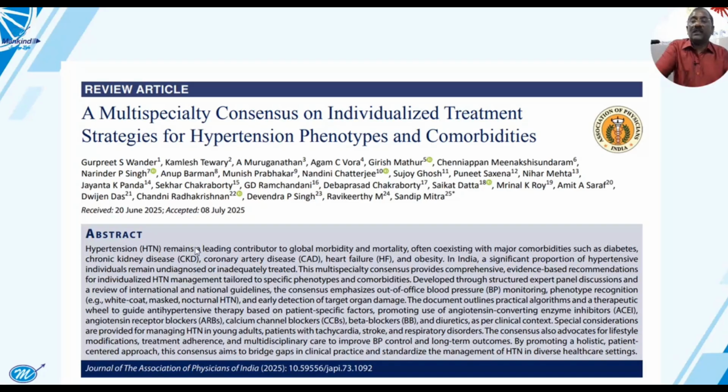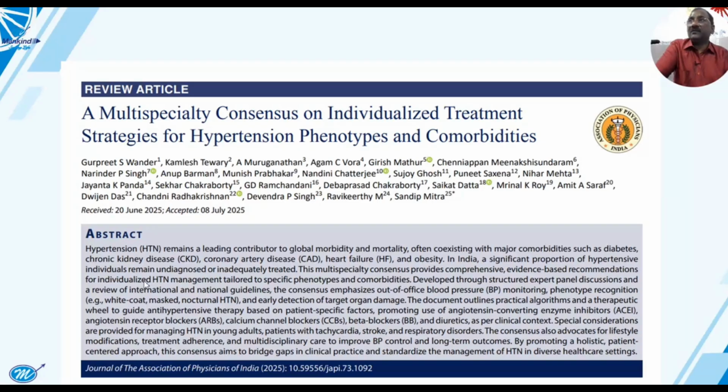They say that hypertension still remains a leading contributor to global morbidity and mortality. So it is our duty to make it not a leading contributor. Often it coexists with major comorbidities such as diabetes, CKD, CAD, heart failure and obesity. In India, a significant proportion of hypertensive individuals remain undiagnosed.